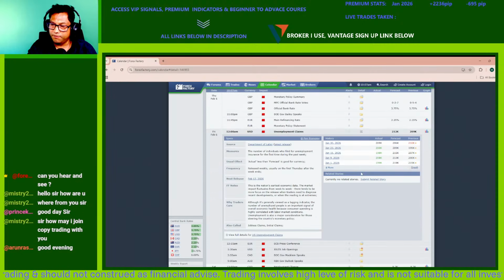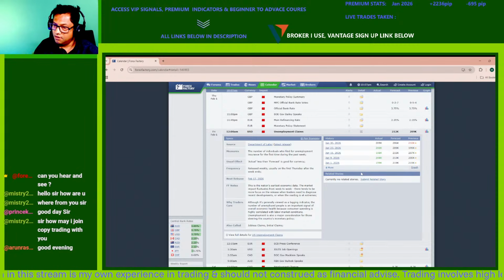Now with unemployment claims, let's understand from the data perspective how it may work. It is the number of individuals who filed for unemployment insurance for the first time during the past week. Actual less than forecast is good for currency.